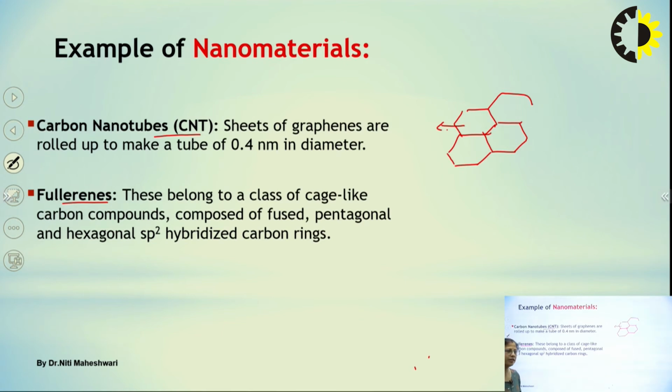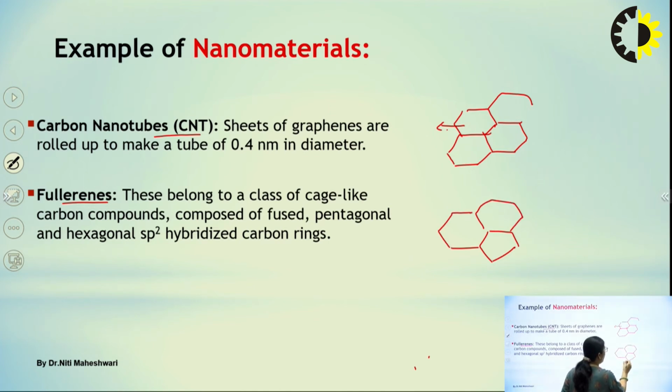And these fullerenes are made up of pentagons and hexagons, where no two pentagons are going to share a side. So these fullerenes, the most important is C60. It is going to have 60 vertices, and a carbon atom will be present at each vertex.